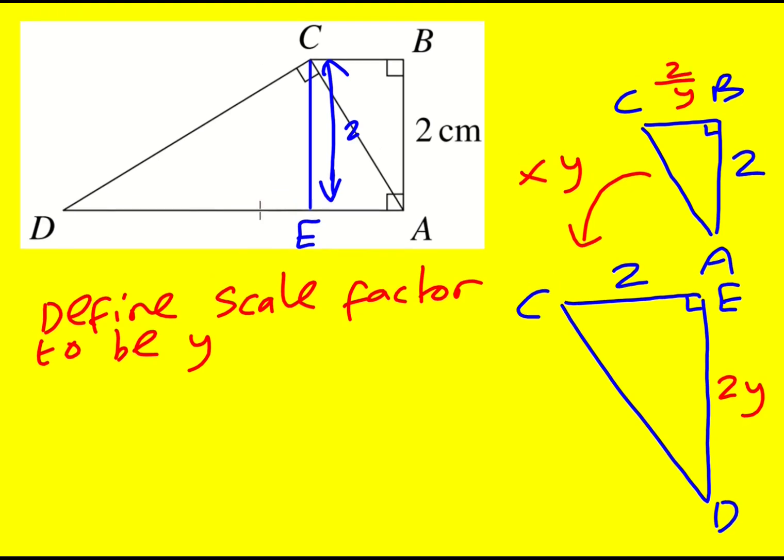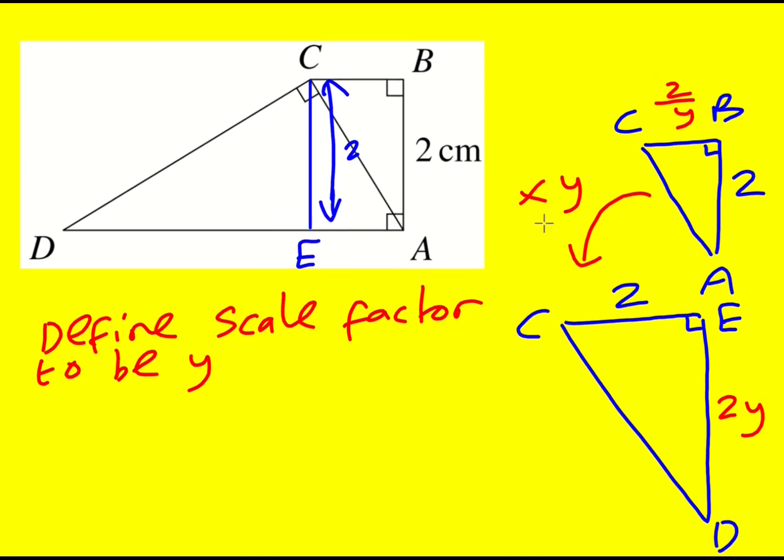Right, I can label these on my actual full diagram now. I've got that this length here is going to be 2y, and then we've just worked out that this length is 2 over y, and this is also going to be 2 over y.